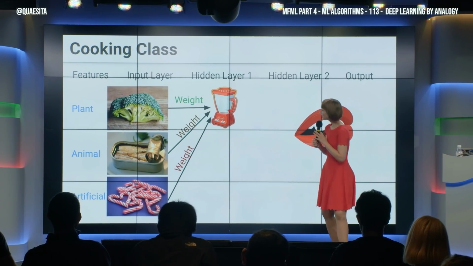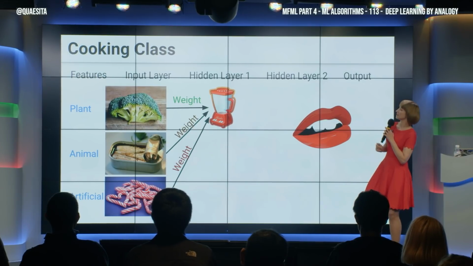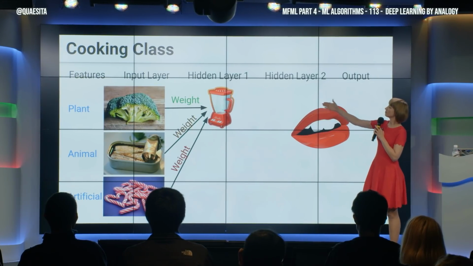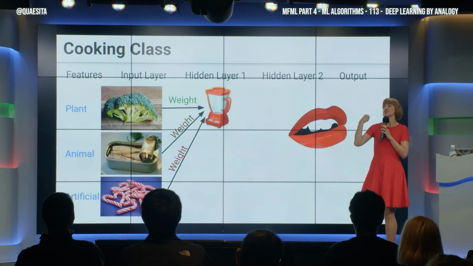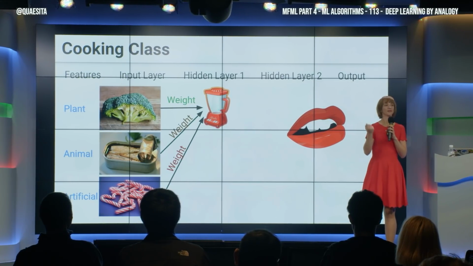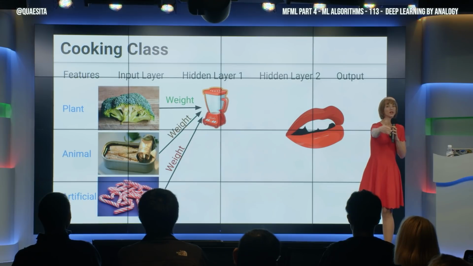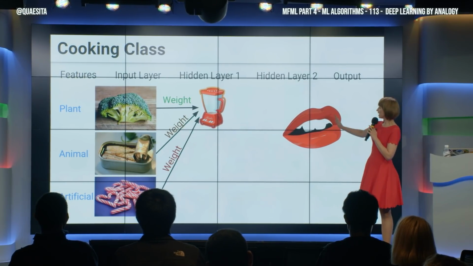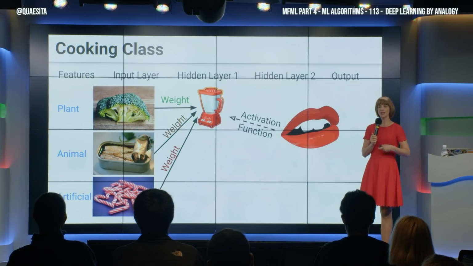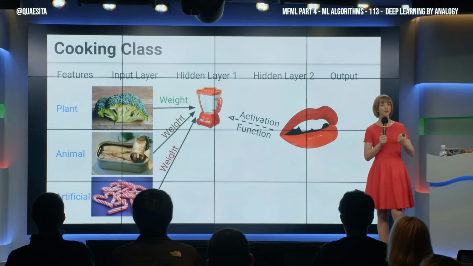Indeed. And think of the taste test as the point where you're going to decide whether to allow this unholy mix to move forward or to not use what's there at all. This taste test is kind of like the activation function in neural networks.